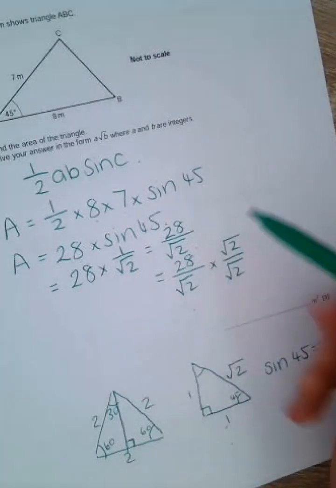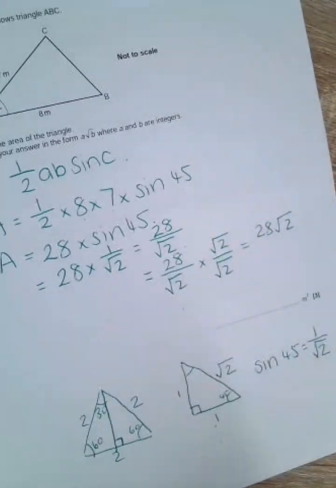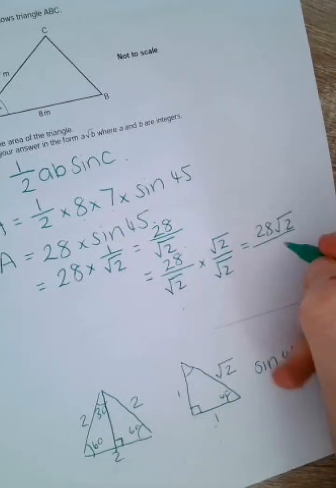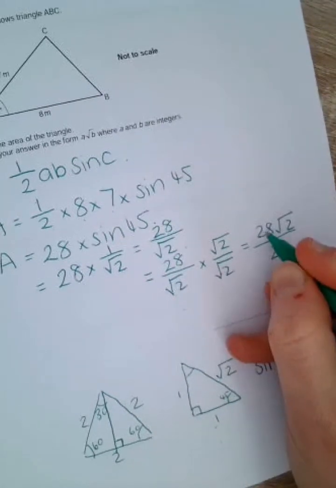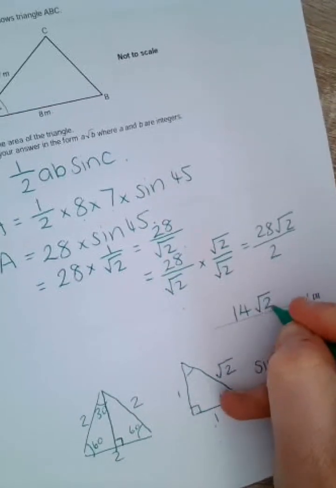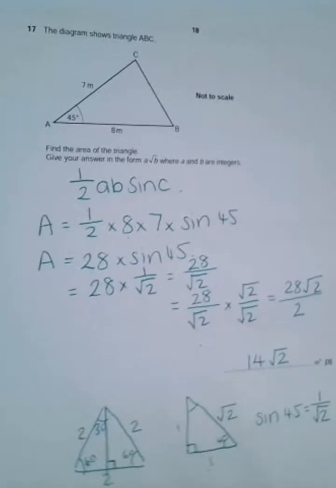So 28 times root 2 is 28 root 2. Root 2 times root 2 is 2. So I can do 28 divided by 2 is 14 root 2, and that's in the correct form. So 14 root 2. Okay, that's that one done.